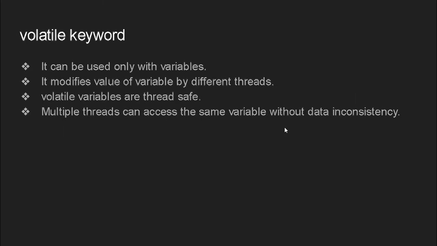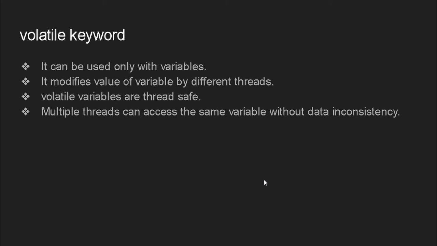The next thing is volatile. This keyword is again used only with variables. Mostly this keyword will be used when we study the thread chapter. Whenever we declare a variable as volatile, it simply means that the variable is thread safe, and it can modify the value of the variable, and that can be used by different threads. Otherwise, what happens if you don't use the volatile keyword?